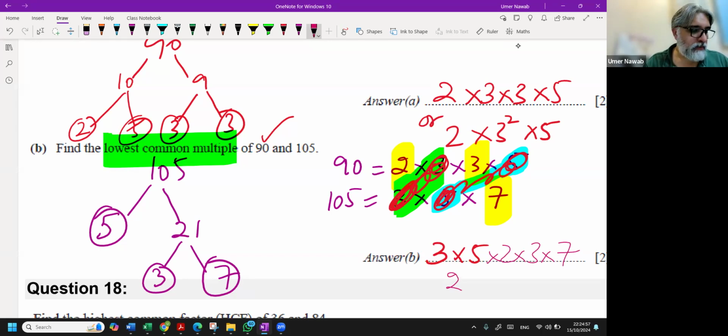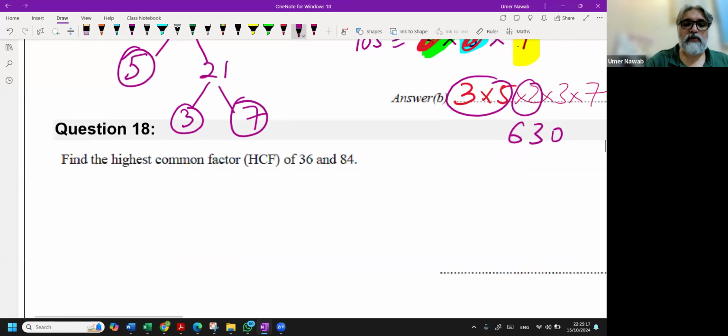So the lowest common multiple is 2 times 3 times 3 times 5, so 3 times 5 is 15, 15 times 2 is 30, 30 times 3 is 90, 90 times 7 will give you 630. 630 is the lowest common multiple.